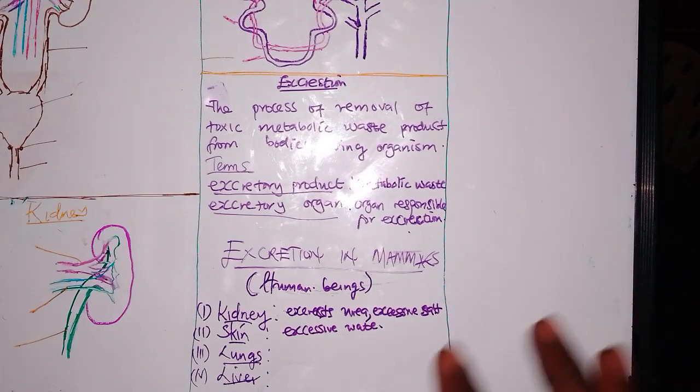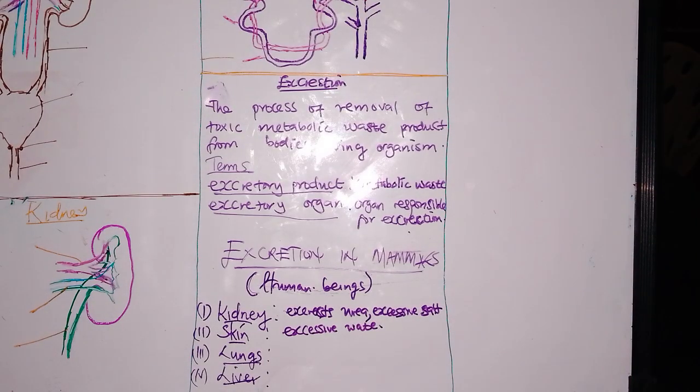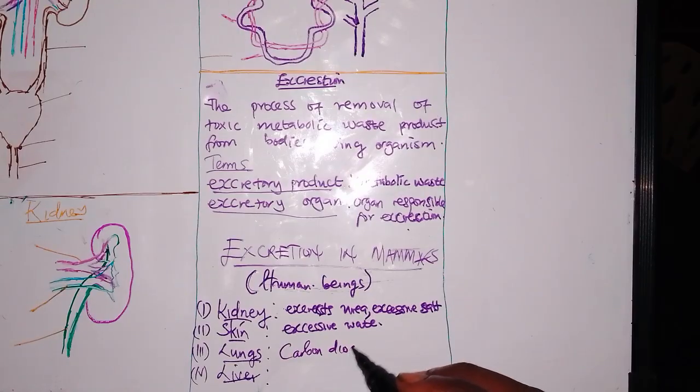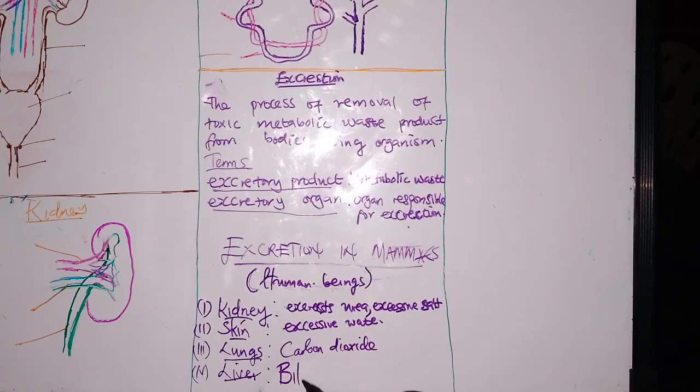Yeah, so whenever they ask you what the kidney and skin excrete, they basically excrete urea, excess salt, and water. That's why whenever it's too hot, you start sweating. Those are the wastes which the body is removing. Then the lungs basically excrete carbon dioxide. And the liver basically excretes what is known as bile pigment.